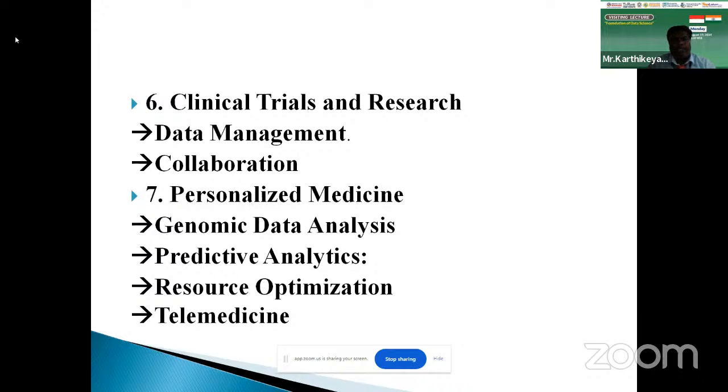And predictive analytics: by analyzing data from diverse sources, distributed computing helps in predicting patient outcomes and personalizing treatment plans based on individual risk factors and health conditions.